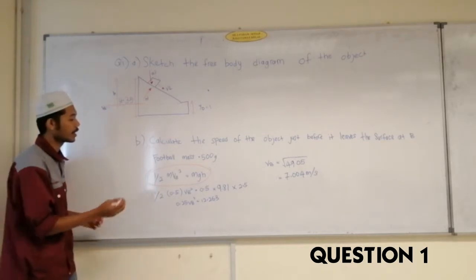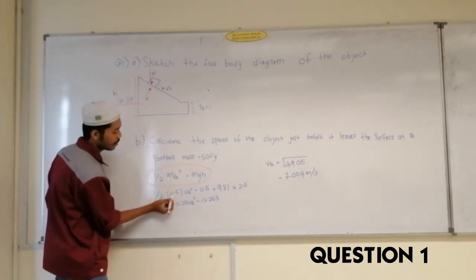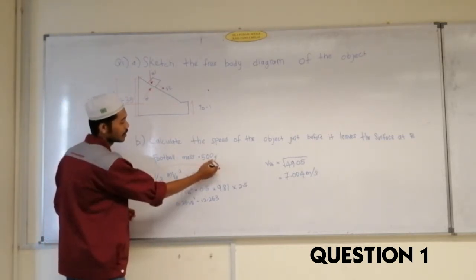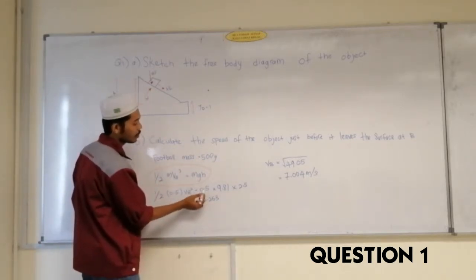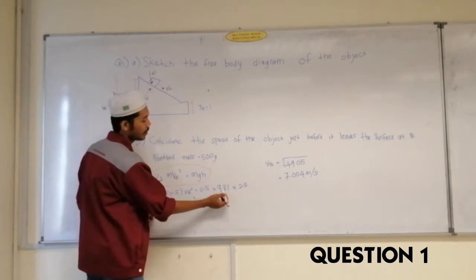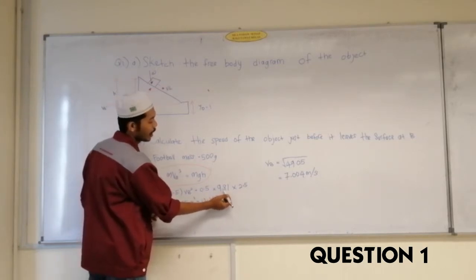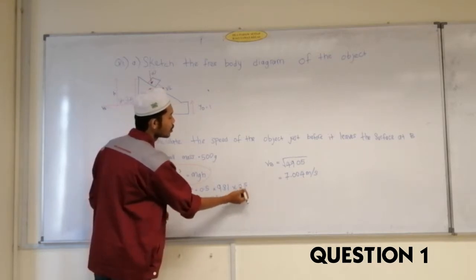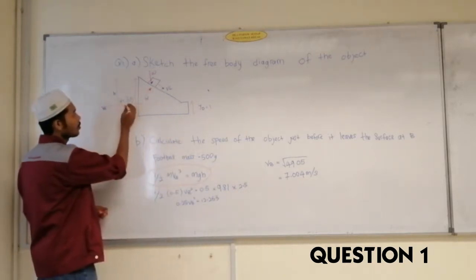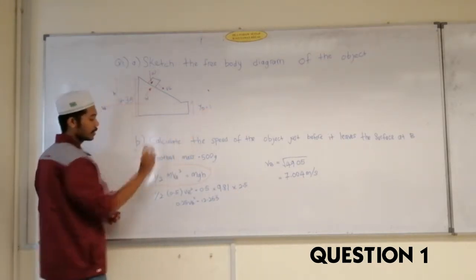Just substitute the mass, 0.5, which we get from the 500 gram, and gravity 9.81, and the height 2.5. 2.5 we get from 3.5 minus 1.